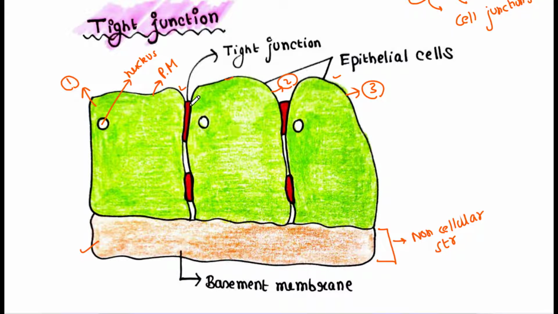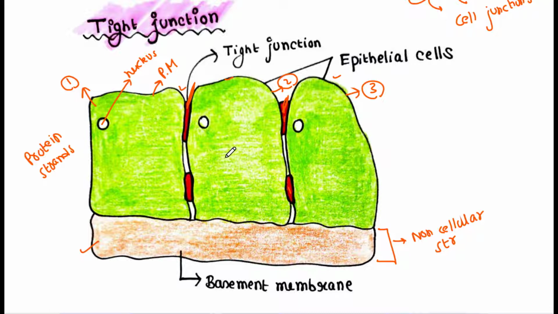Now you can see that these 3 cells are connected to each other and you can see no intercellular space between them. So here they have the junction that is called tight junction because cells are attached very tightly here. This junction is nothing but some protein strands, this red colored thing, which attach these cells to each other.